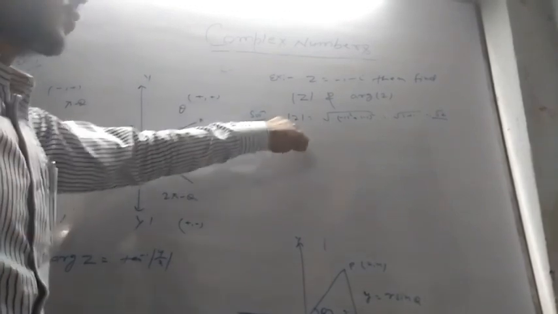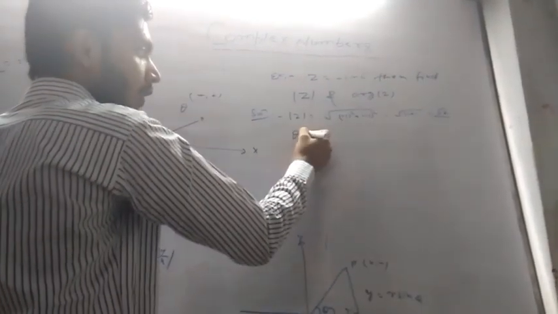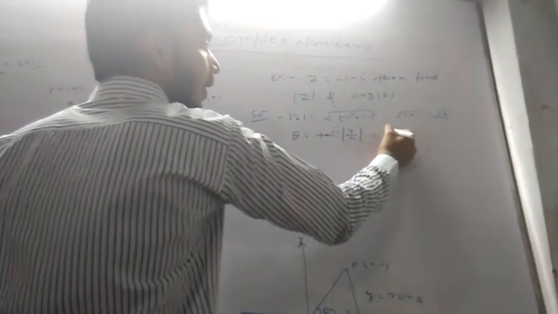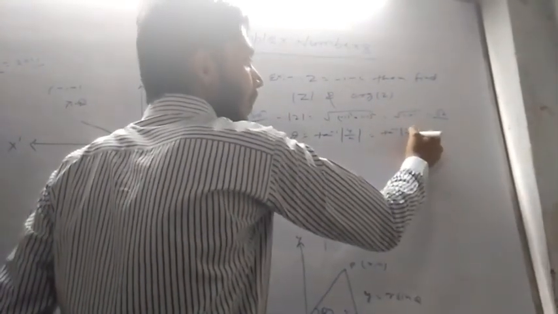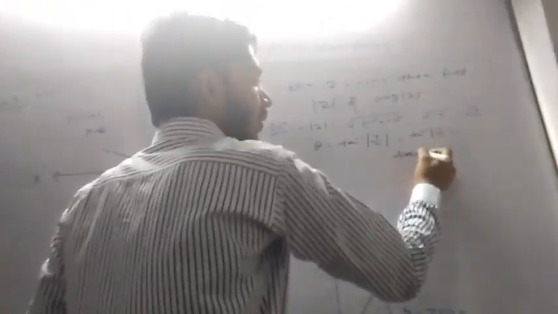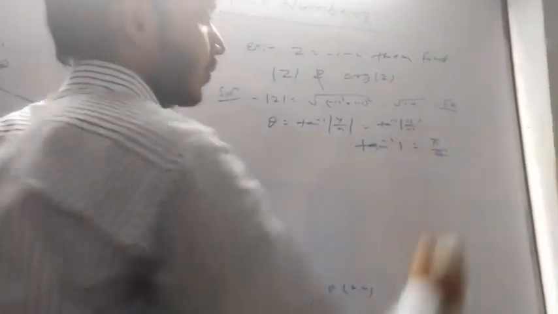And if we have to find the argument of z, then we know that theta is equal to tan inverse modulus of y upon x, which is tan inverse modulus of minus 1 by minus 1, equal to tan inverse 1, and this is equal to pi by 4.